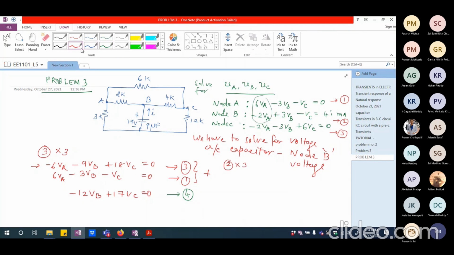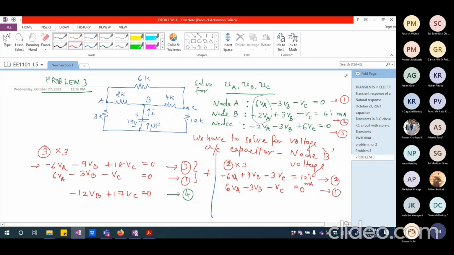That is going to be minus 6 VA plus 9 VB minus 3 VC equal to 4 multiplied by 3, that is 12 I milliampere. This is the same as equation number 2. And let me write again equation number 1, which is 6 VA minus 3 VB minus VC equal to 0.